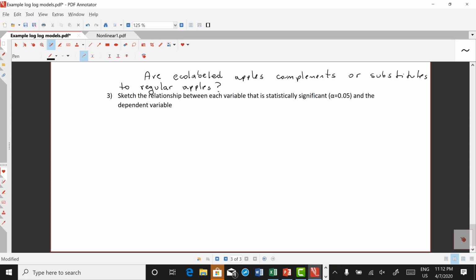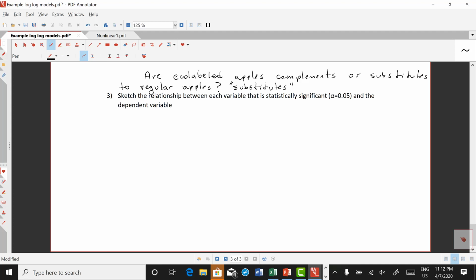Yeah? So what do you think? Well, in this case, they happen to be substitutes. Okay? Remember that and think about it. You see, if the price of eco-label apples increases, people substitute and start to buy more regular apples. Okay? So have that in mind.